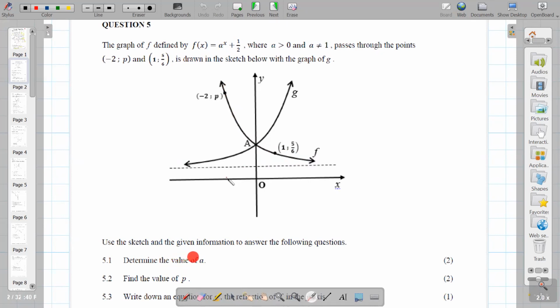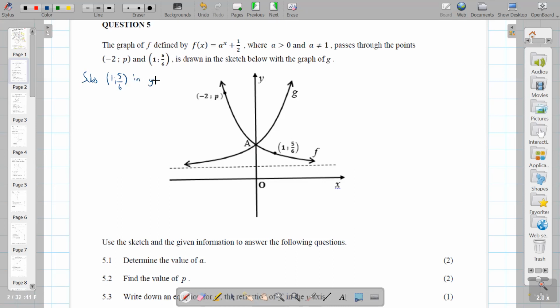So any missing value on the graph can be determined by substituting the points, any point on the line of this function. So what can we substitute? We must find a first and then p. To find a, we basically need to substitute the coordinates of the point that we know, which is (1, 5/6).